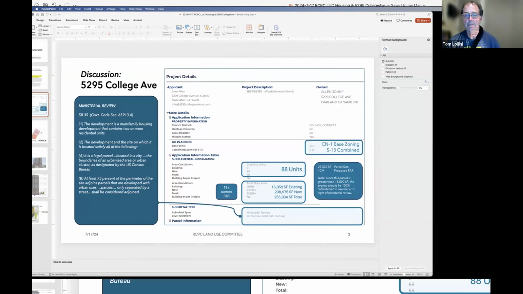But obviously it's a pretty ambitious project on a somewhat awkward site. They may be waiving setbacks of all kinds as a result of what they believe to be their exemptions, including the fact that they back up to single family homes on the street behind College Avenue.